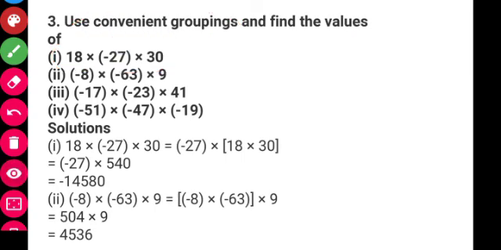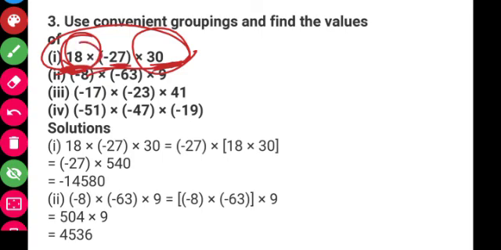Understand? So here the question is given 18 into minus 27 into 30. So here look here, this is positive sign, here negative sign, this is positive sign. So make a group of positive sign because 2 positive signs are here, so make a group of 2 positive signs.